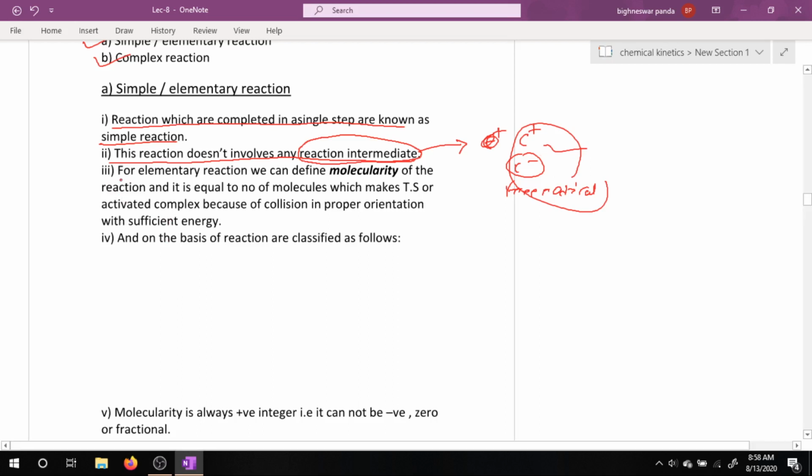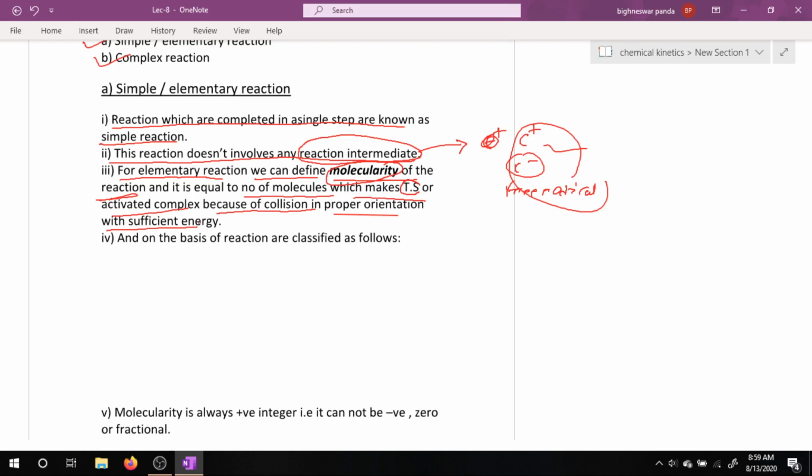For an elementary reaction, we can define molularity of the reaction. It is equal to the number of molecules which make a transition state or activated complex because of collision in proper orientation with sufficient energy. Or we can simply define molecularity of a reaction as the number of molecules which collide simultaneously in order to form a product.